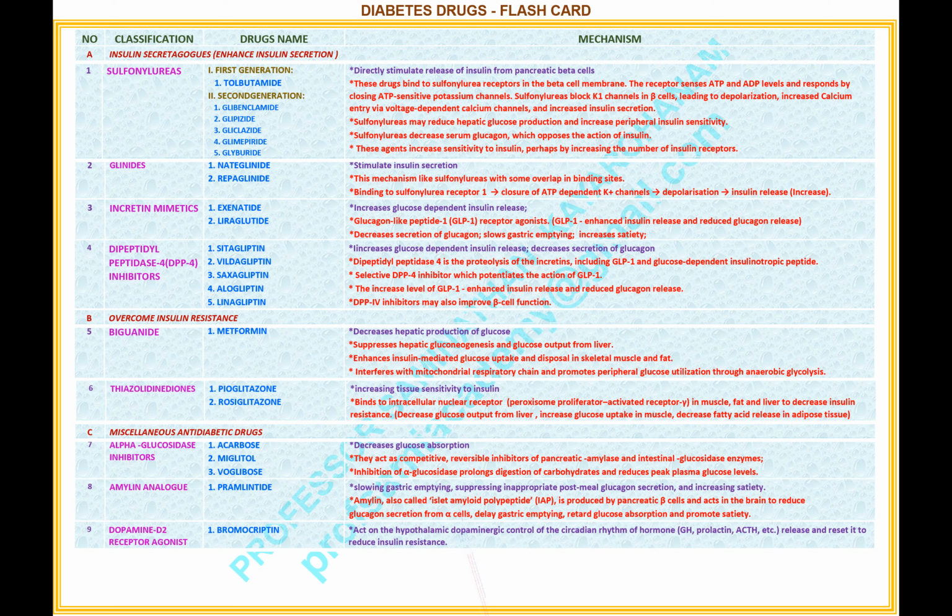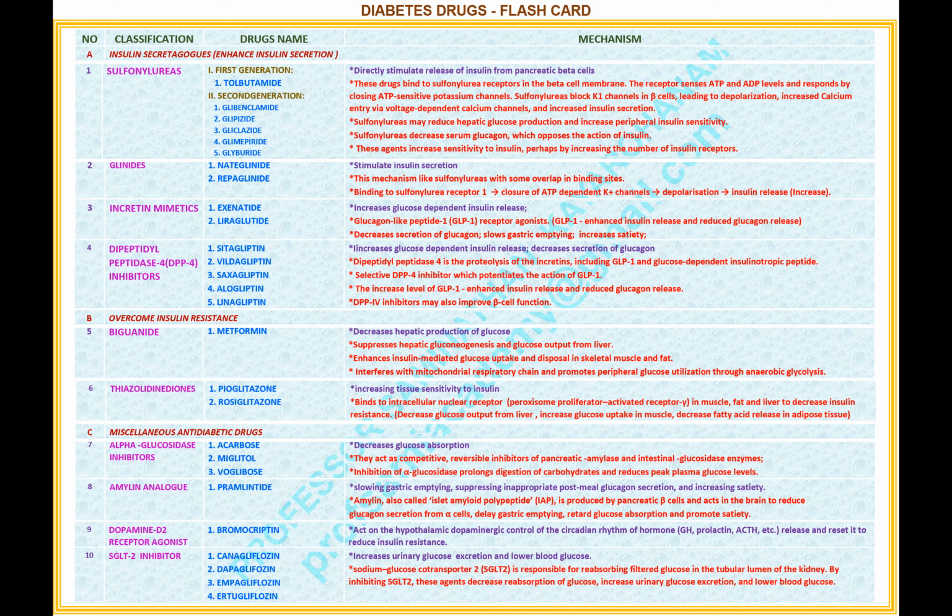Number 10. Name of the classification: SGLT2 inhibitor. Drug name under this classification: 1. Canagliflozin, 2. Dapagliflozin, 3. Empagliflozin, 4. Ertugliflozin. Mechanism of SGLT2 inhibitors: increases urinary glucose excretion and lowers blood glucose.